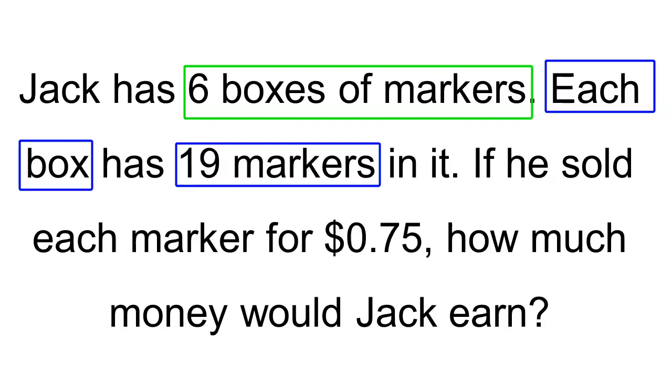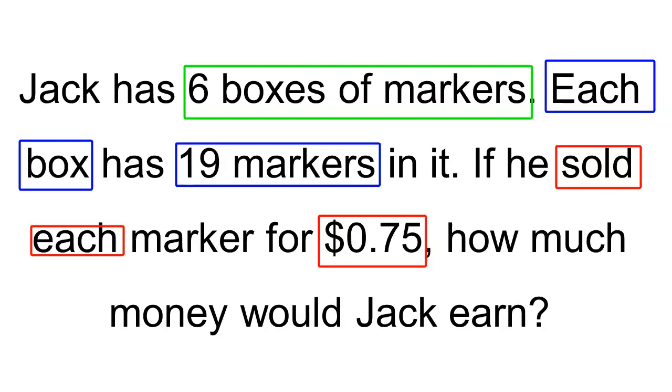So now, he's selling each marker for 75 cents. Remember that each represents that one marker, for 75 cents. We want to know how much money Jack is going to earn if he were to sell all these markers.